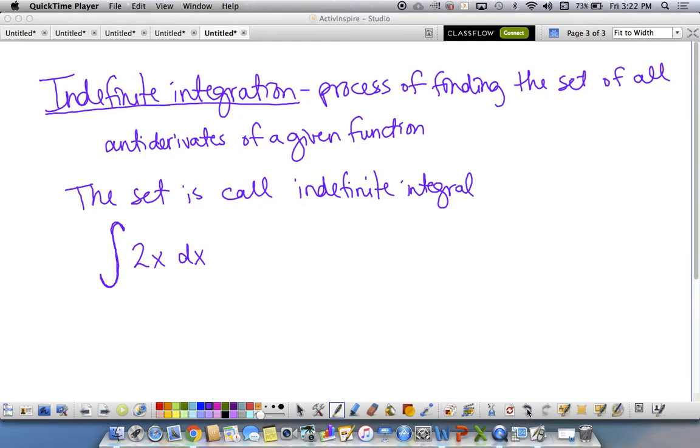We use the dx because that's the variable that we have taken the derivative of. The x is the variable of integration, that we're integrating with respect to x. So the integral of 2x dx is simply x squared plus c.